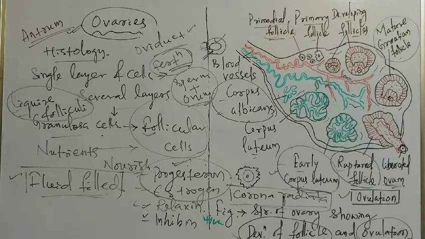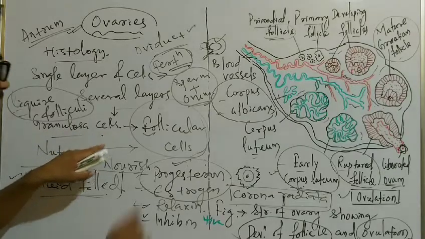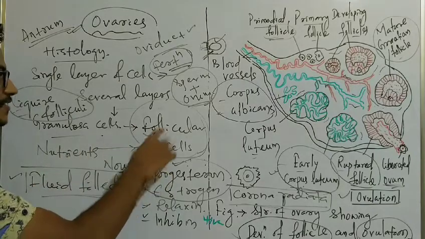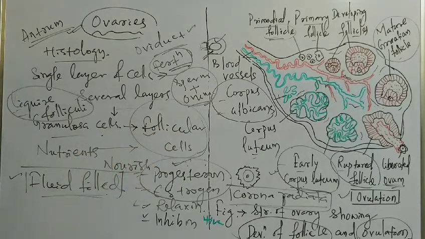The cells lining the cavity are formed into the membrana granulosa. So the granulosa cells surround the follicular cells and provide nutrients for their development.